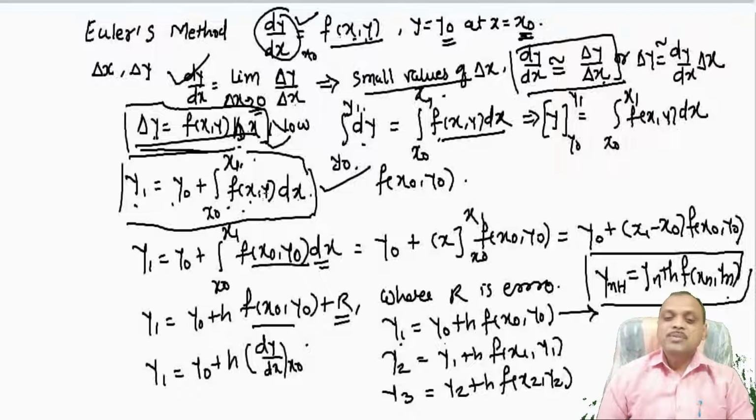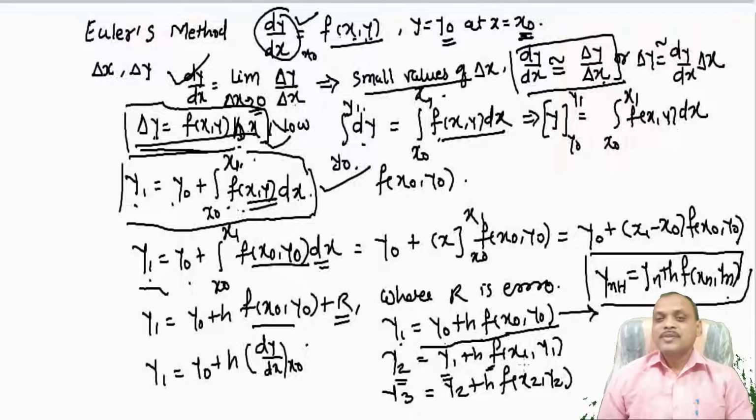When we put the particular value of the function at the point x0, it becomes constant and we arrive at y1 equal to y0 plus h into f of x0, y0. This is the same for the next point: y2 equal to y1 plus h into f of x1, y1, the next step.